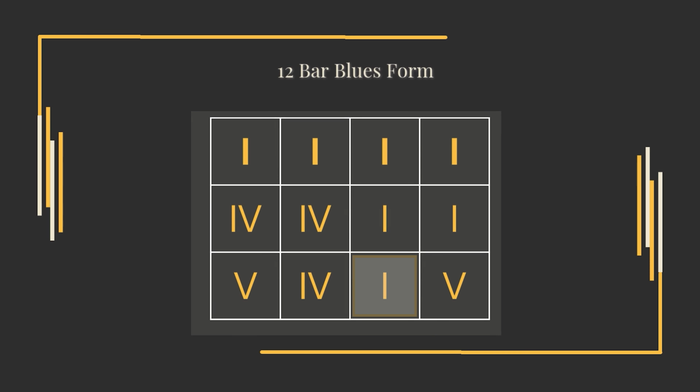For example, if we are in blues in A, the 1 chord will be A7, the 4 chord will be D7, and the 5 chord will be E7. So the full sequence would be A7 4 times, D7 2 times, A7 2 times, E7 1 time, D7 1 time, A7 1 time, E7 1 time.